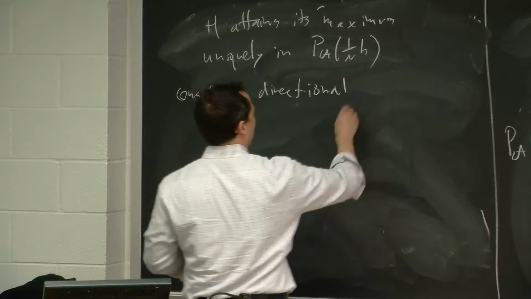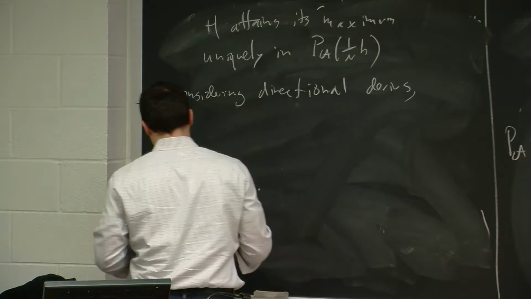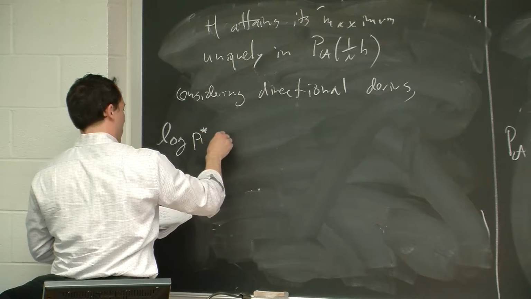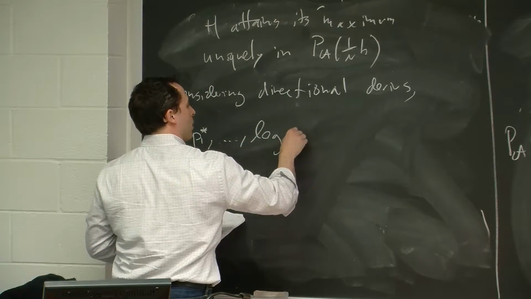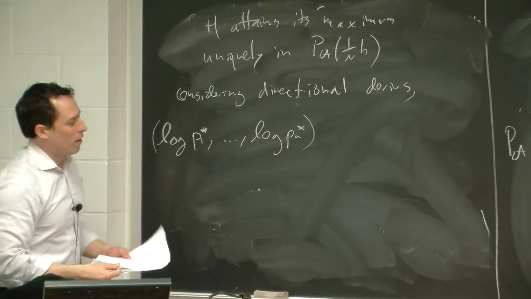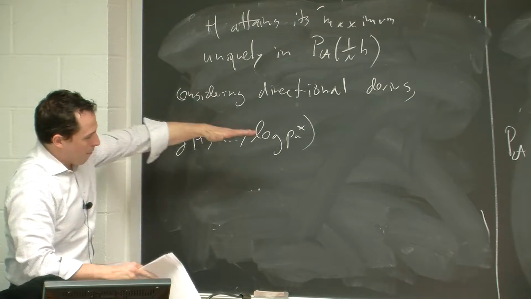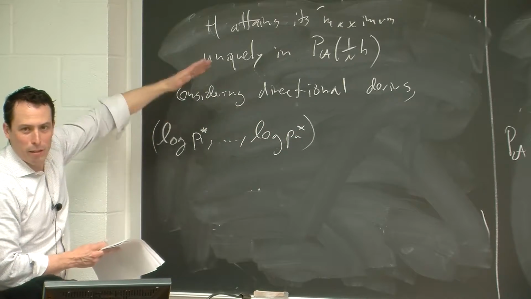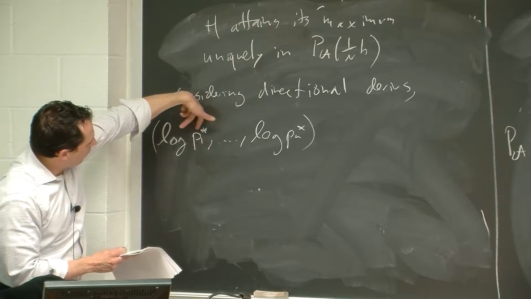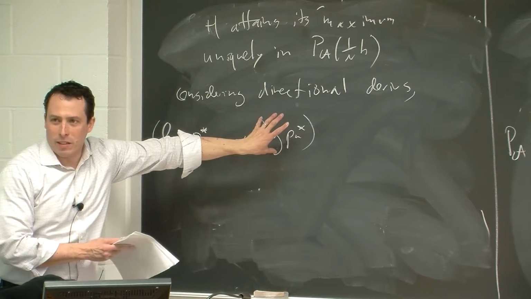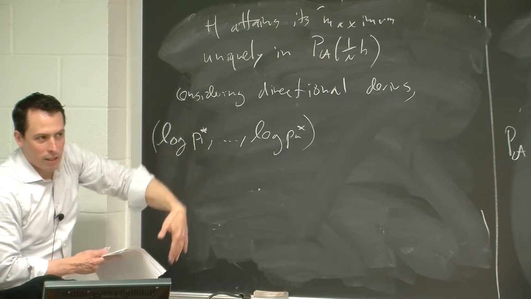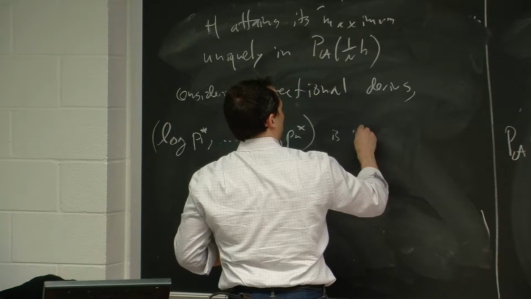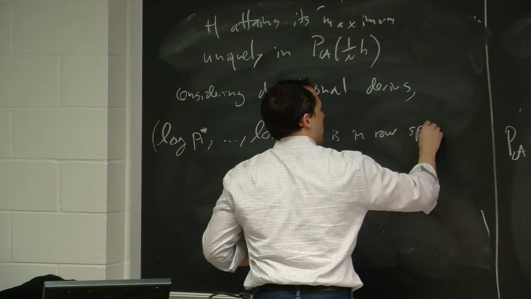Considering the directional derivatives, it turns out that the vector of log probabilities is in the row span of A. I have my matrix A, and I have a probability distribution on the top that I'm interested in that should somehow come from the matrix. I can take the log of that, because each column represents a monomial once I exponentiate it.